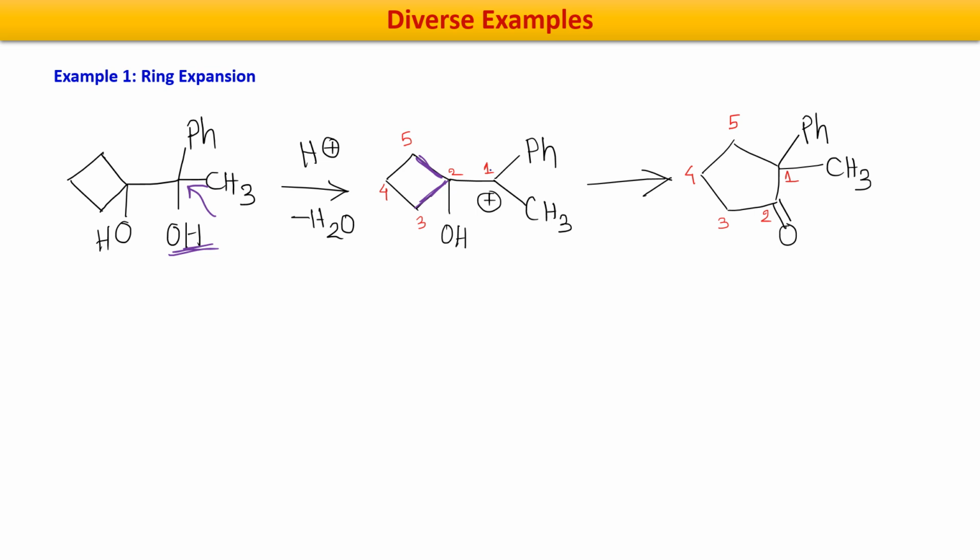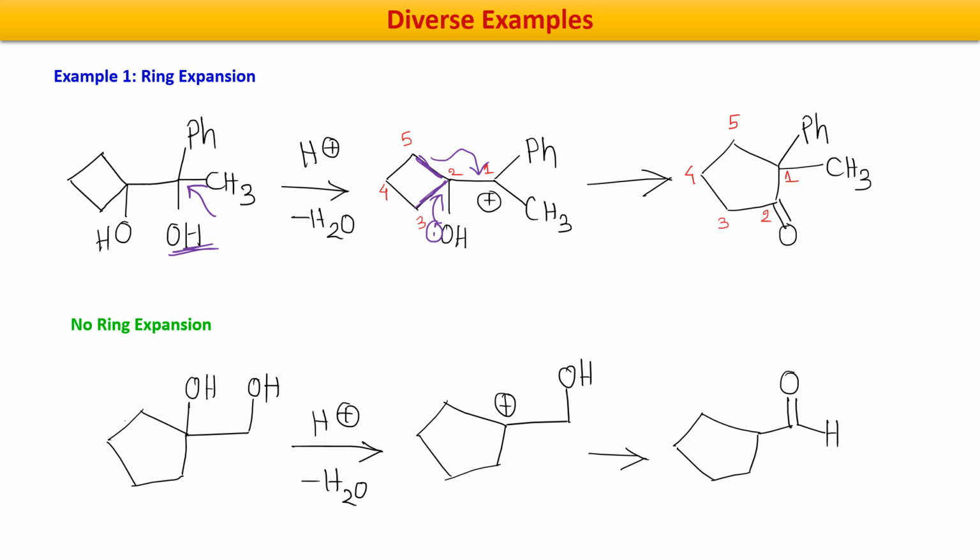So here I have migrating 5,2 bond. That means you will be getting 1,5 connection and the 2,5 connection will be lost, and at 2 position there will be C double bond O. Okay, so this will be our product. From a 4 member ring you are getting a 5 member ring, that is a ring expansion.